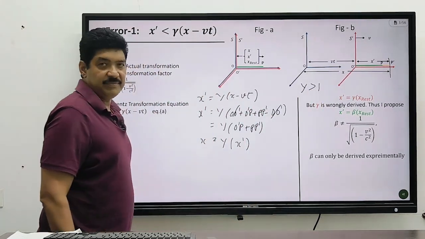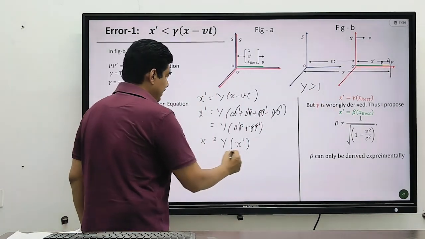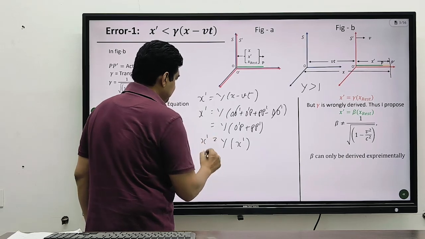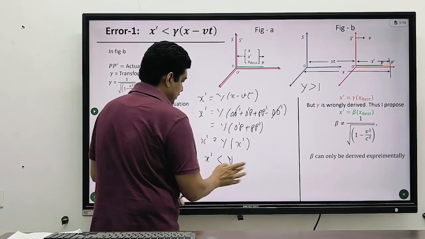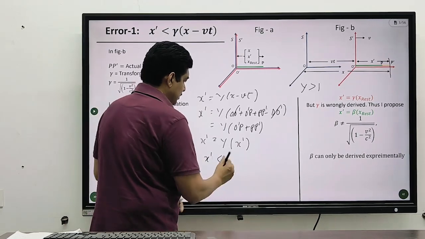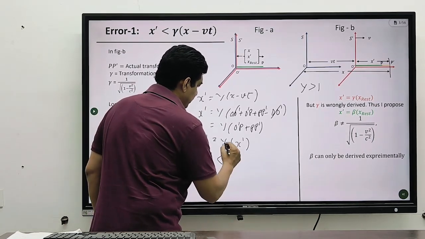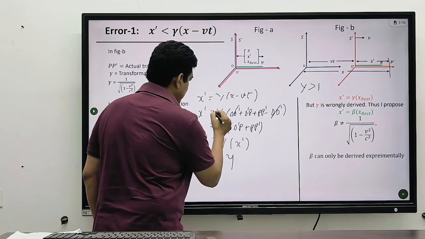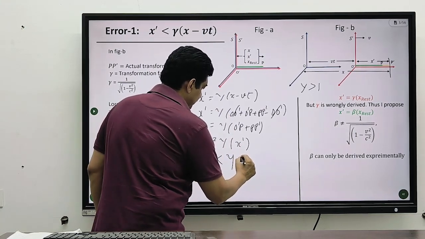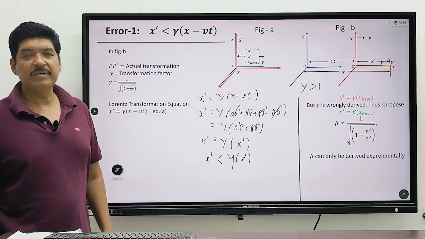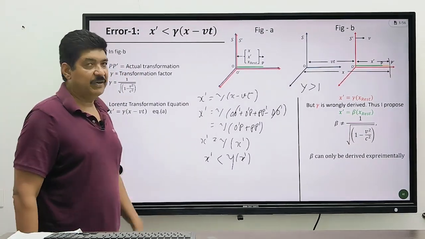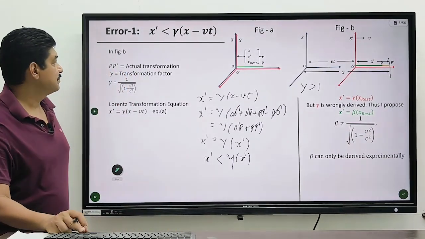If it is greater than 1, then this equation becomes an inequality. So the first point is proved.